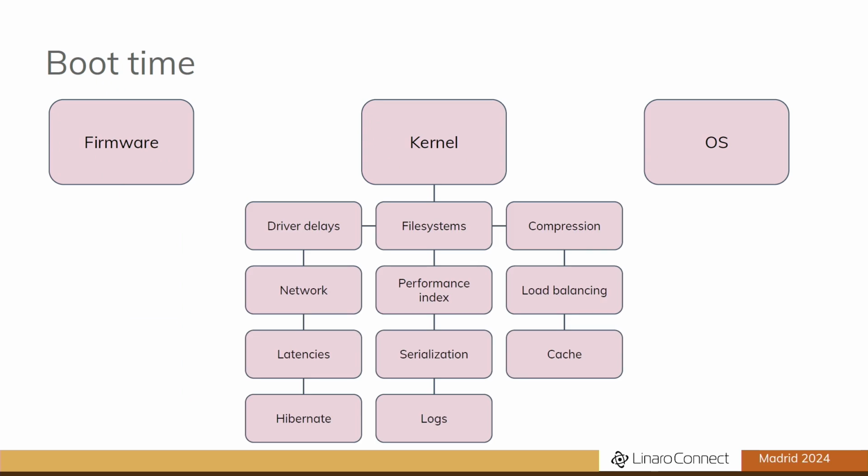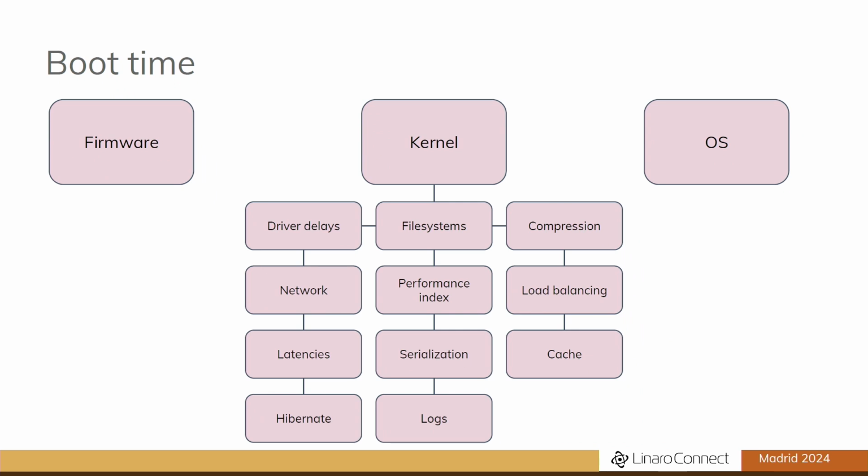The kernel has a bit more in terms of reasons for boot time regression and boot time optimization areas. We have serialization. That's one of the reasons. If you initialize things, you wait for the first thing to initialize before the second thing, and if there is no dependency between the two, you can do that in parallel.